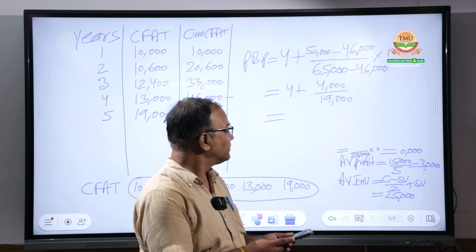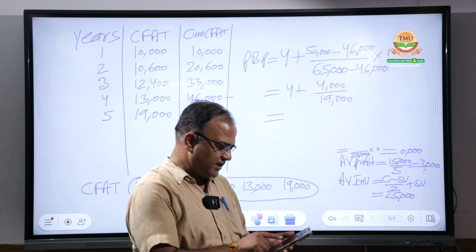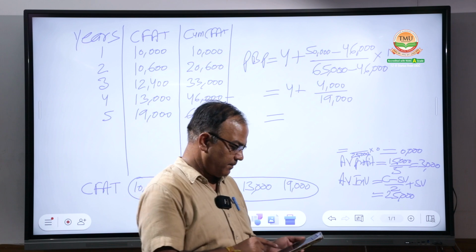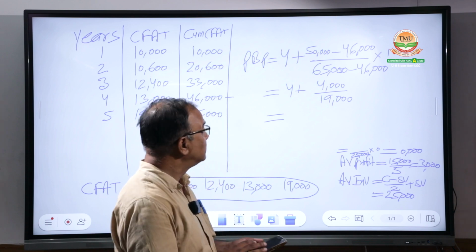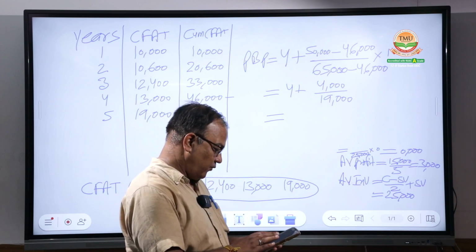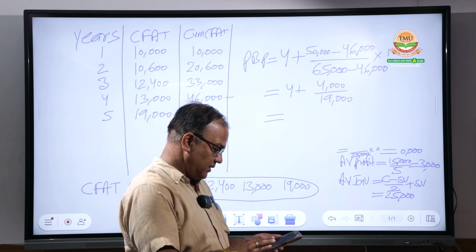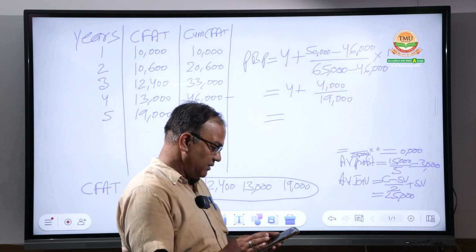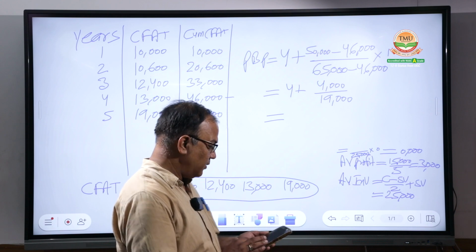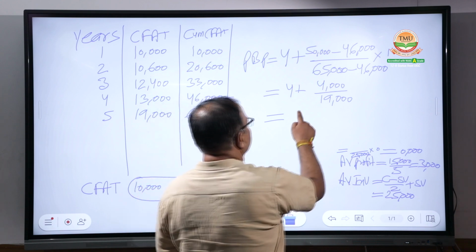Now let's use the calculator to find out the exact figure. If we divide 4,000 by 19,000, the figure is 0.21.